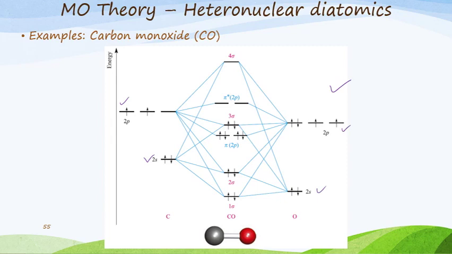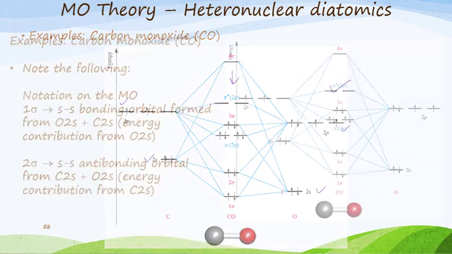Why do the molecular orbitals in the center of the diagram look like this, and where do they come from? Okay, so let's see exactly where they come from.